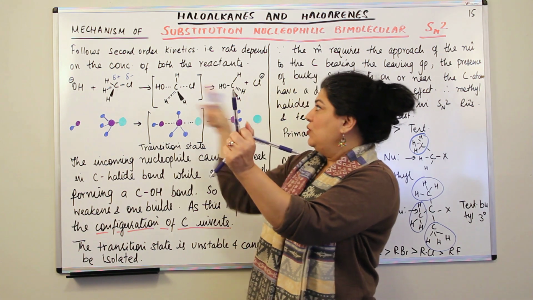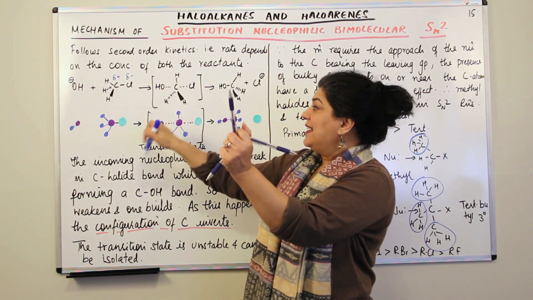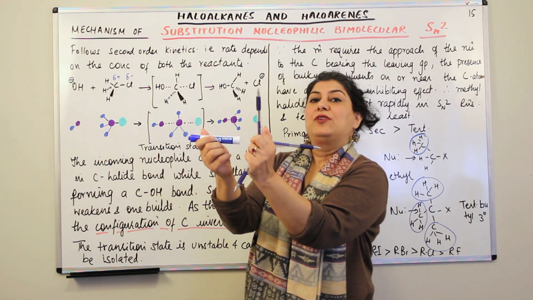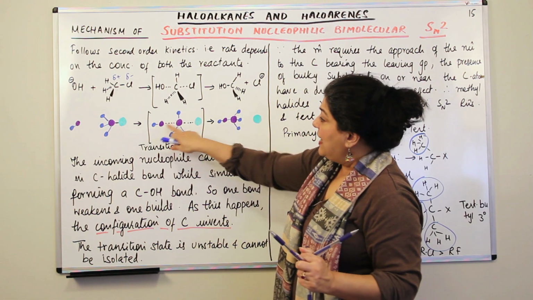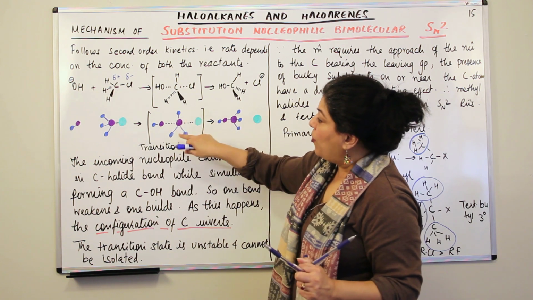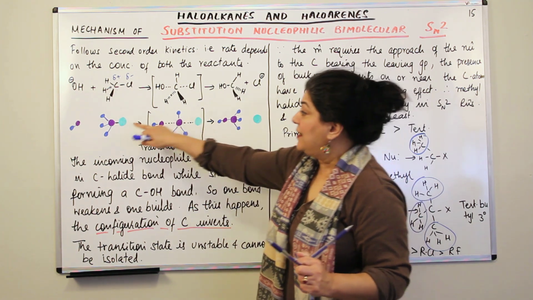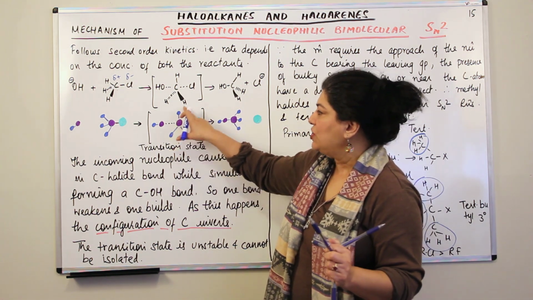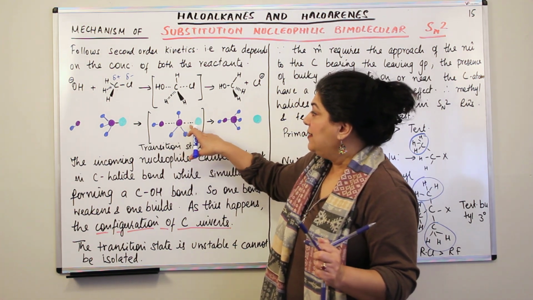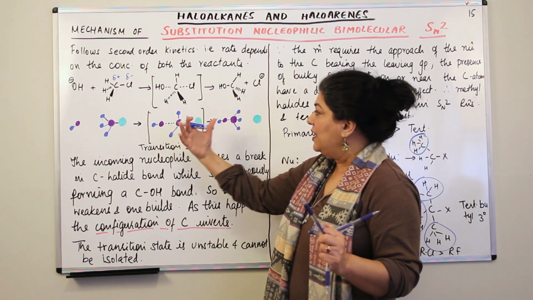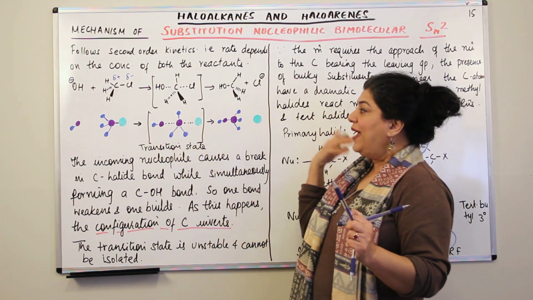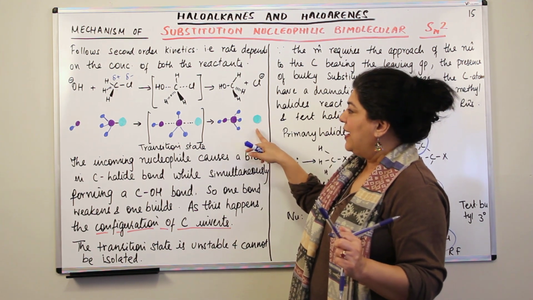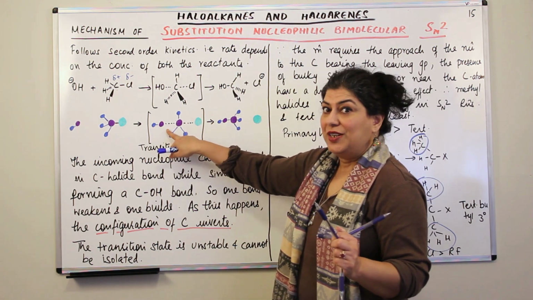This became loose in the transition state, and these 3 bonds were pushed by the electrons coming in this direction. So do you see? Here you find that the three carbon hydrogen bonds are pushed away and they form a kind of a triangle here. And this chlorine which is present here now starts moving away. When it moves away, leaving as Cl negative, now the repulsion comes into play.